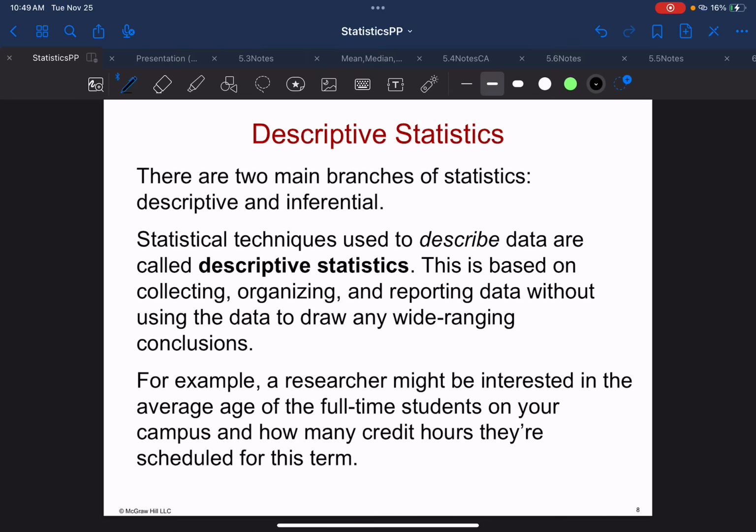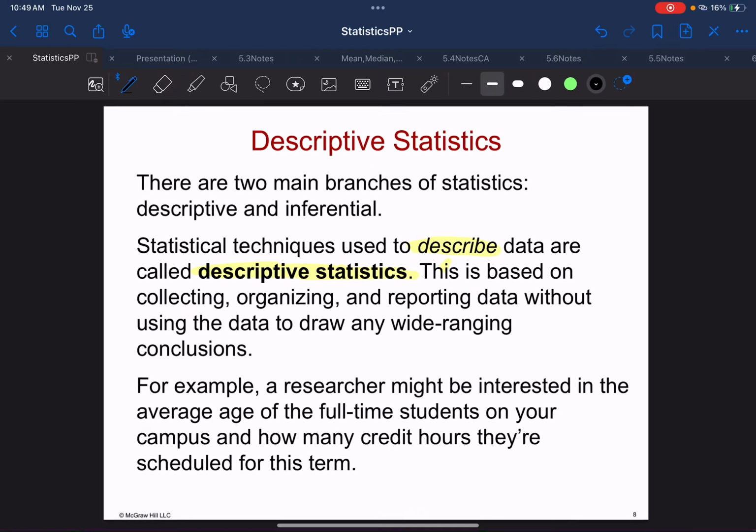Okay, so there are 2 main branches of statistics, descriptive and inferential. Descriptive statistics is when statistical techniques are used to describe data. This is based on collecting, organizing, and reporting data without using the data to draw any wide-ranging conclusions.